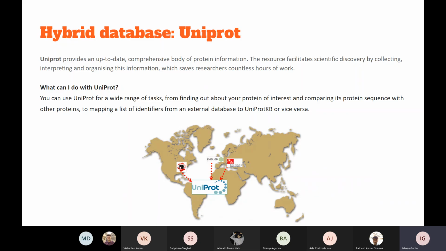This resource not only collects information, but also facilitates the discovery and interpretation of the data that you generate when you are working with proteins. You can do a wide variety of tasks within UniProt. You can compare protein sequences, map them to external databases, and you also have a lot of structural information that you can put over your protein of interest.